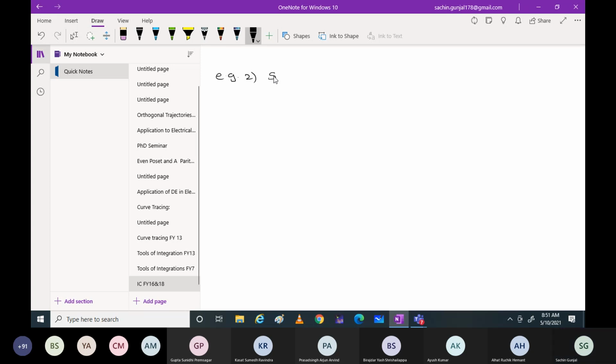Solve 1 plus y square dx plus x minus tan inverse y dy equal to 0. Okay, 1 plus y square dx plus x minus tan inverse y dy equal to 0.